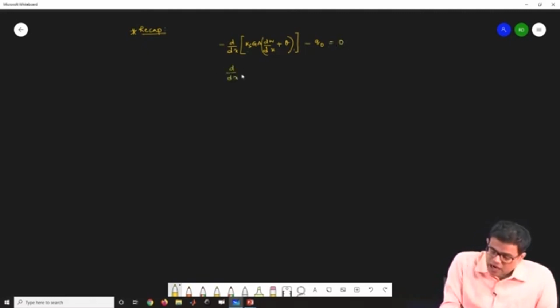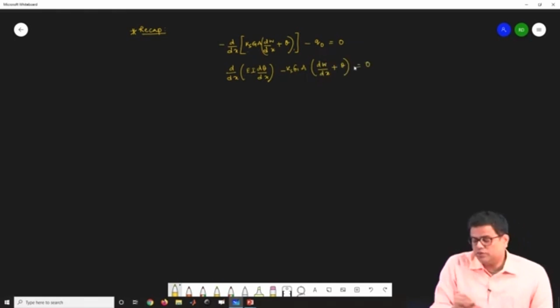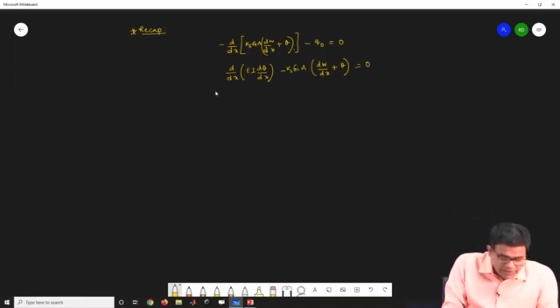The second equation is d/dx of EI d theta dx minus ks G A times dw dx plus theta equals 0. This equation comes with boundary conditions.